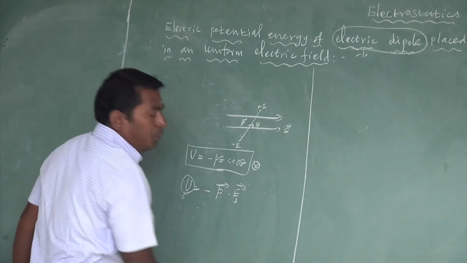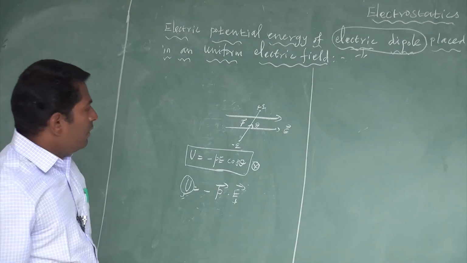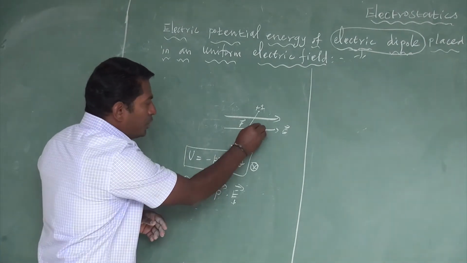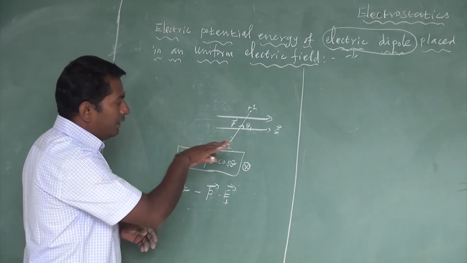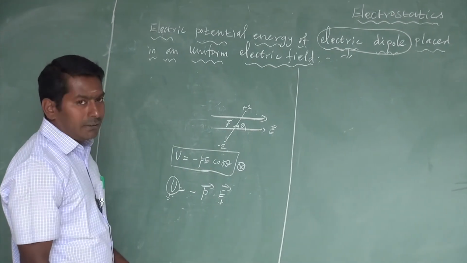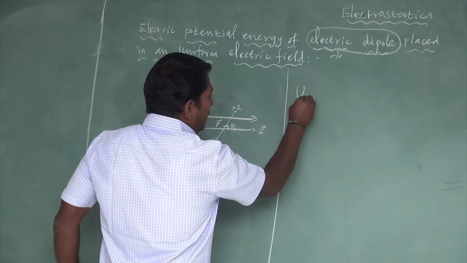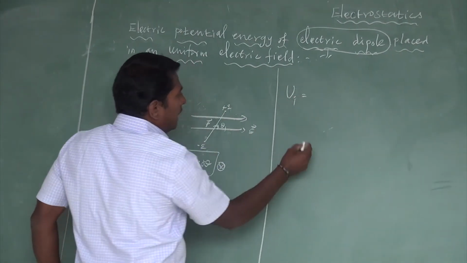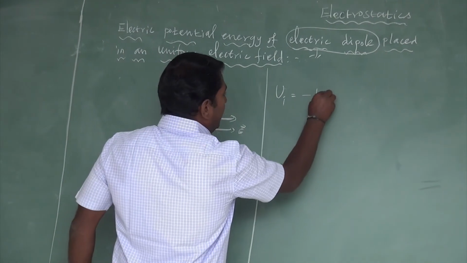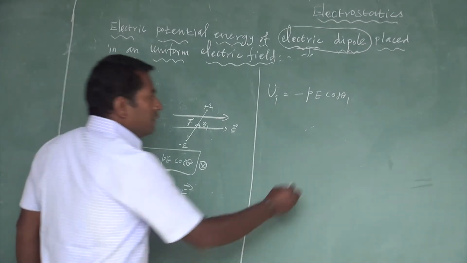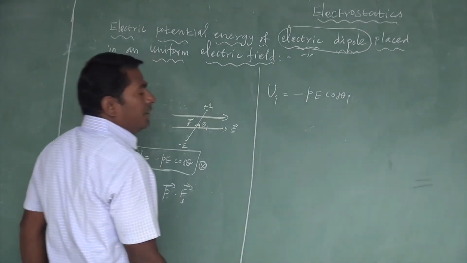From an entrance exam point of view, initially the dipole is placed in a uniform electric field at a position theta 1 angle with respect to the electric field. At that moment, it possesses an electrostatic potential energy Ui, which is equal to minus PE cos theta 1, or cos theta initial angle.